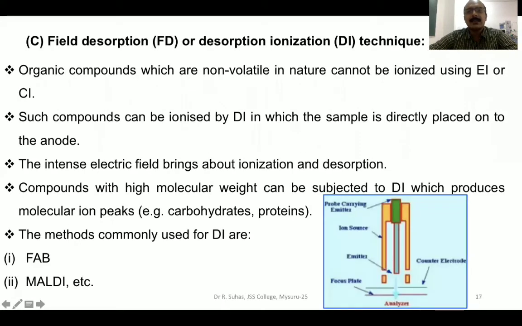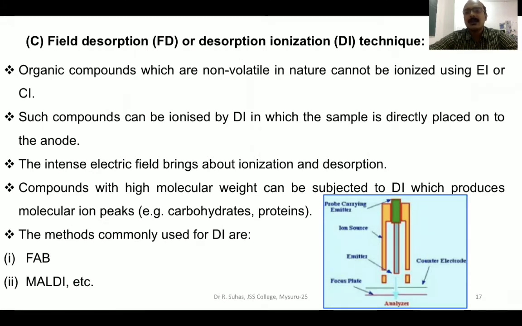The third technique that we have is called field desorption or desorption ionization technique. Field refers to electrical field. Here, instead of absorption, desorption takes place. Desorption is just movement. Absorption is getting itself inside. Here, there is no absorption, rather we have desorption.